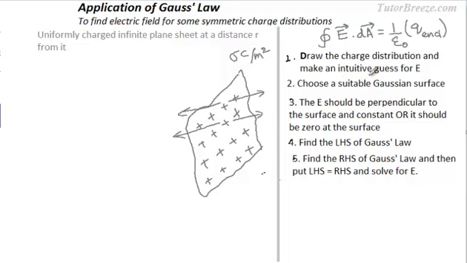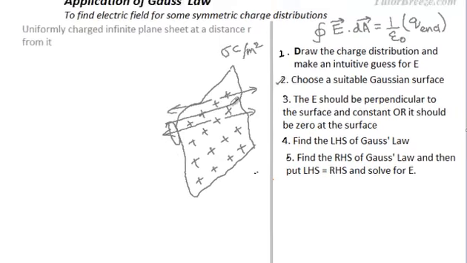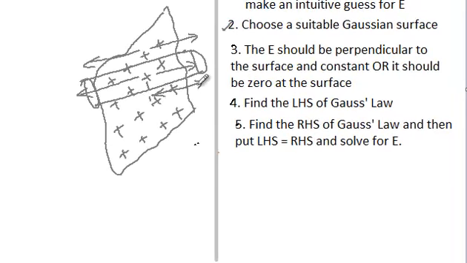Now the next step is to choose a suitable Gaussian surface, and you can see that the charge here has planar symmetry, so a closed cylinder seems to be a good choice for the Gaussian surface. So this is the Gaussian surface, which is at a distance r from the sheet.